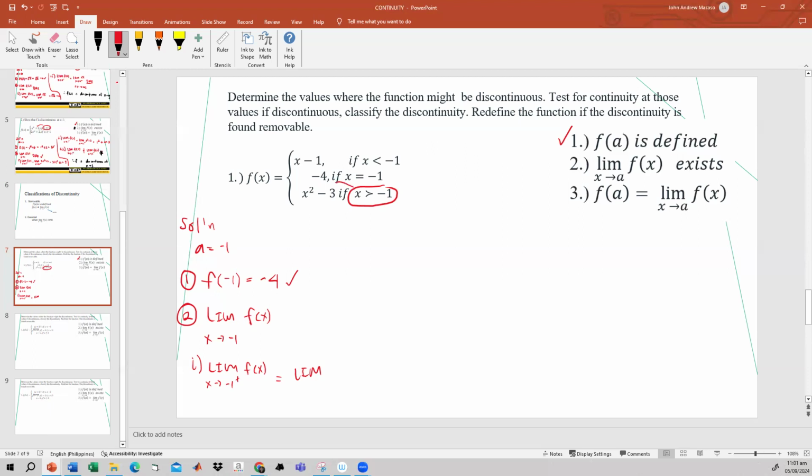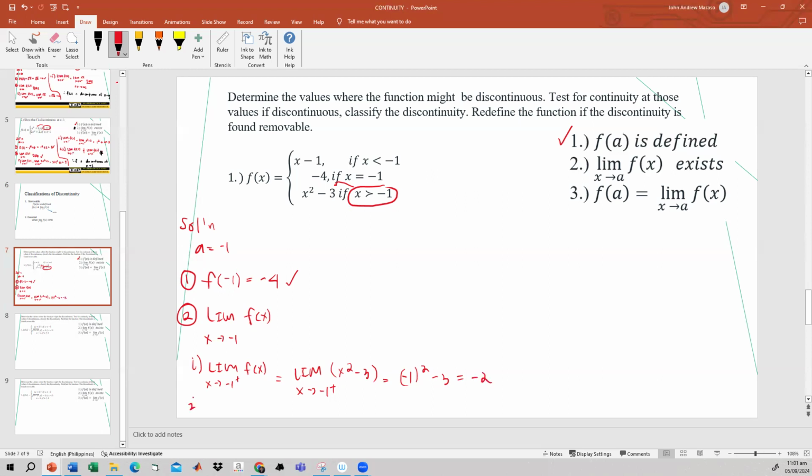So what will be the function that we'll use for the right side limit? We'll use x squared minus 3. So this becomes the limit of x squared minus 3 as x approaches -1 from the right. If you substitute directly, this will give you (-1) squared minus 3, that's 1 minus 3, which is -2.